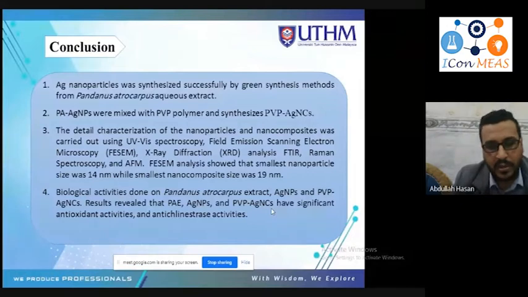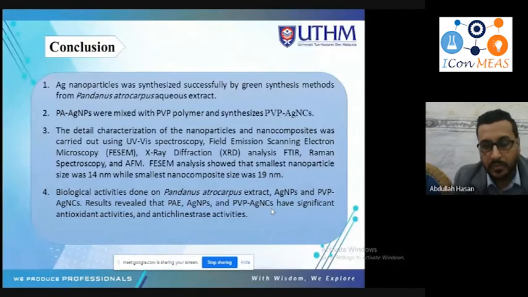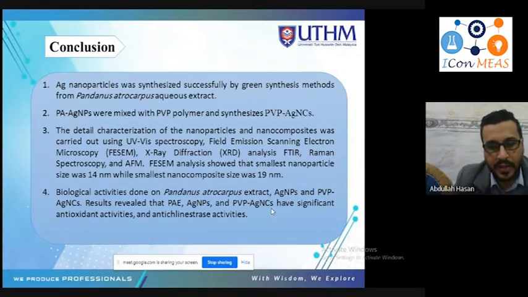For biological activities, as I said, I did three activities in my thesis: kidney stone, anticholinesterase, and antioxidant. Here I'm focusing on the anticholinesterase. The nanocomposite gave us good attachment and detachment with good significance for anticholinesterase.